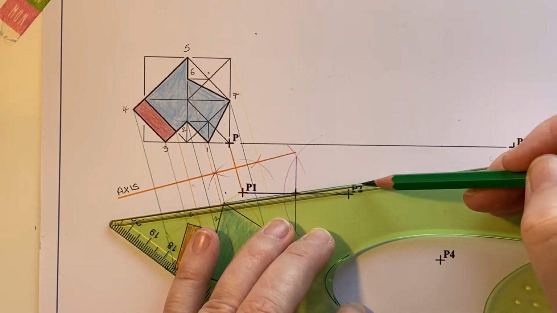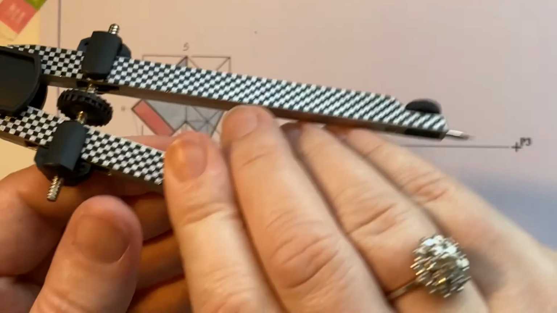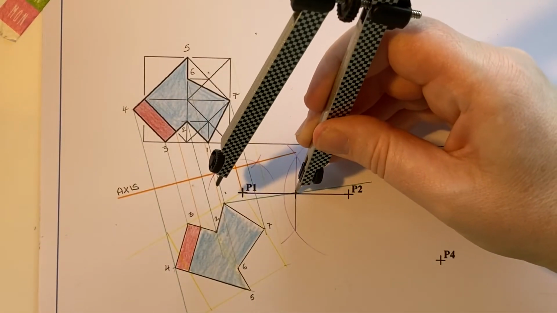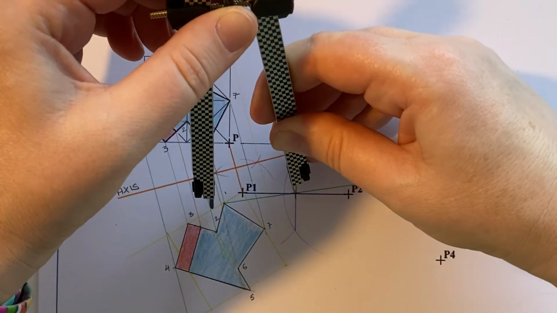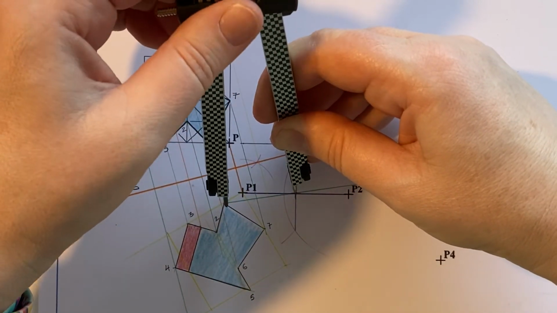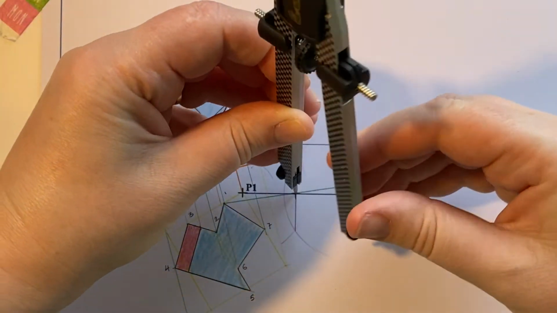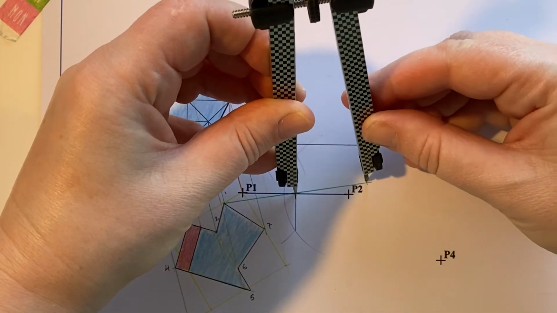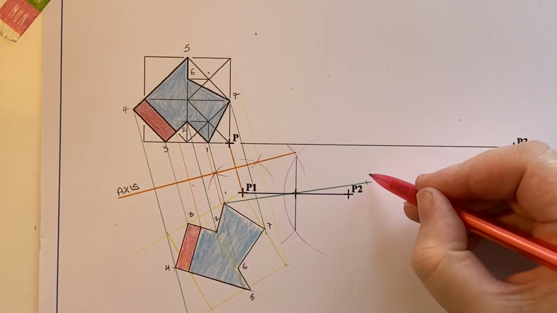Okay, and just try and be as accurate as you can. So I measure from the central symmetry point, so there it is. I measure to 1. There it is. And I reflect that measurement onto P2. So there's my new point 1.